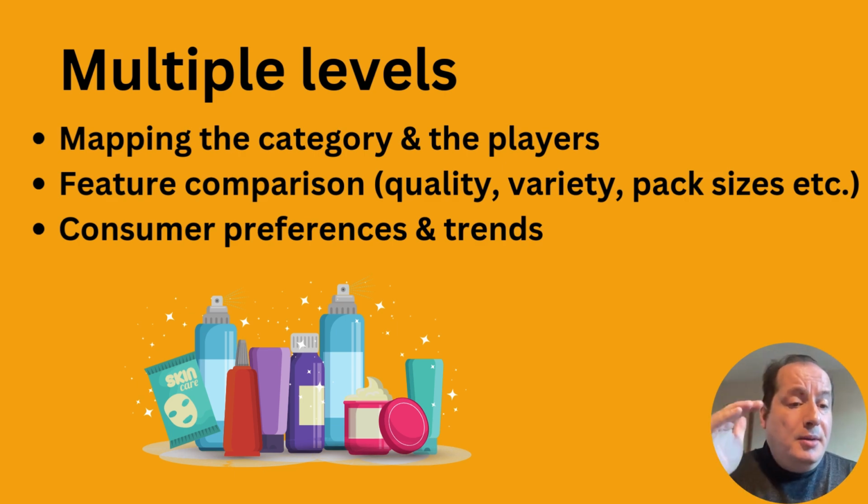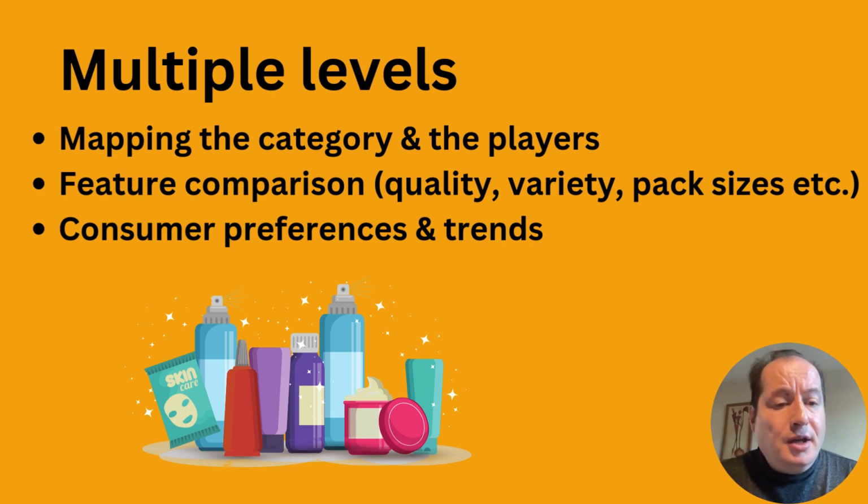Quality: is it a premium product, meaning are we praising ourselves for using only natural ingredients? Or are we looking at a cheap mass-produced product, where quality is acceptable but maybe not premium, meaning also the price is lower. Then also pack sizes.